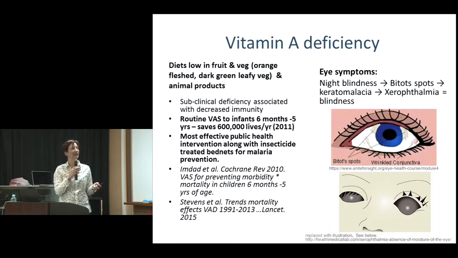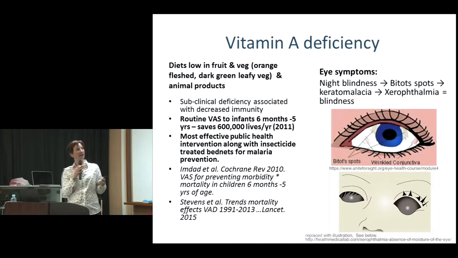However, in the last, I guess it's maybe 10 to 15 years, we now know that the biochemistry is a bit more complicated. We used to think that 6 molecules or units of beta-carotene was equivalent to 1 molecule of retinol. But the biological conversion is actually not nearly as efficient, especially when it's from these different foods.